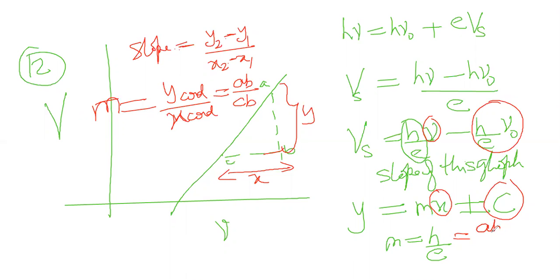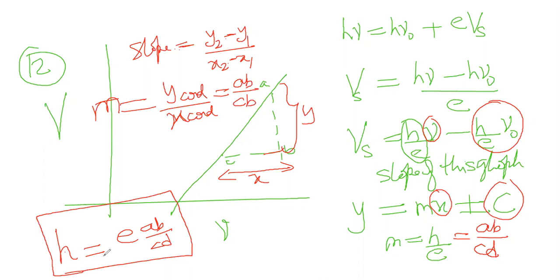So you just write h by e equals AB by CD. Then what he is asking, you will get the answer. Small h is how much? e will go that side: h equals e into AB by CD. Is it understood? That is the Planck's constant h value from this graph. Is it understood clearly? Okay. Note it, please.